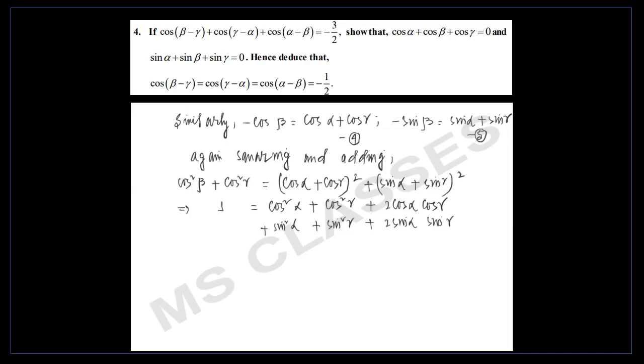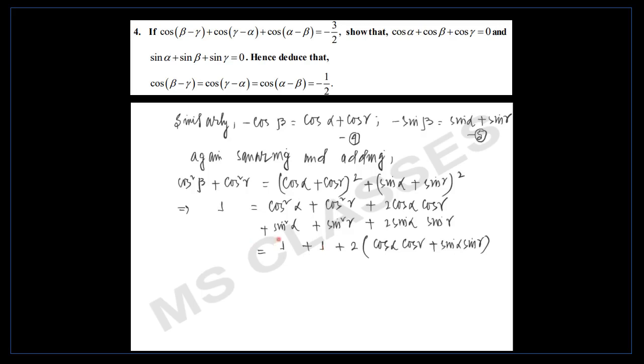Now, if we add up, this will give us 1, and this is also giving us 1. So this is 1 plus 1 plus 2, you can take common, cos alpha cos gamma plus sin alpha sin gamma. Now here we understand that 1 and 1 cancel out, and here we'll take 1 on the left hand side.